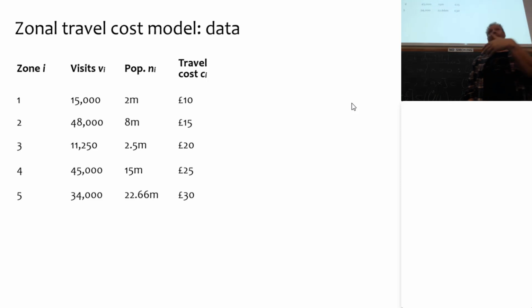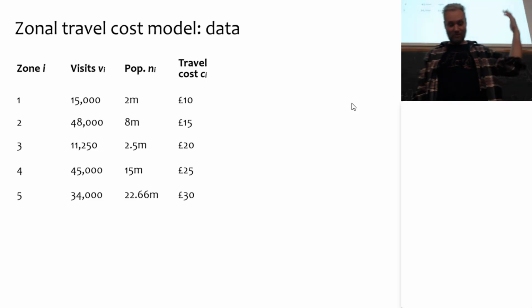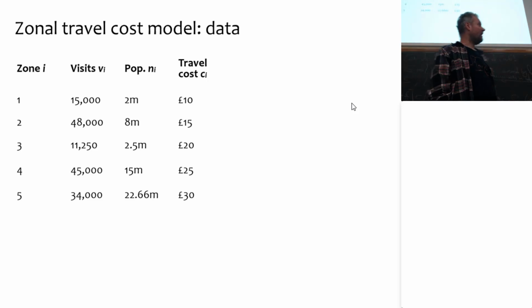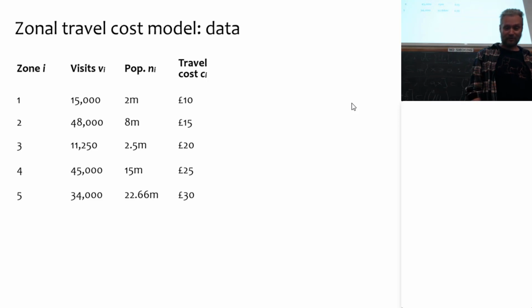But if you have, say, access to credit card data or bank card data, then you could actually do this exactly. But typically you interview people, so you set up those zones 1 to 5. You find out how many visits are there from each zone, 15,000 from zone 1, or 48,000 from zone 2, and so on and so forth.